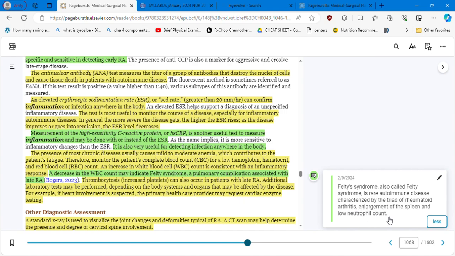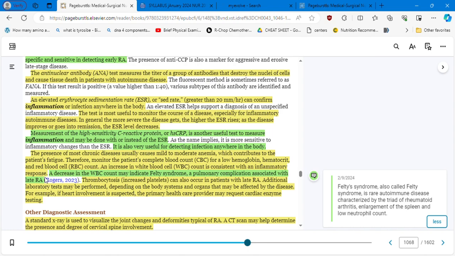You're also going to see the enlargement of the spleen, which is going to be assessed by the provider, not by the nurse, because you don't want to cause a rupture in the spleen. And also the diagnosis of rheumatoid arthritis by any of the previous markers that we described before, right? So that's the triad of Felty syndrome.